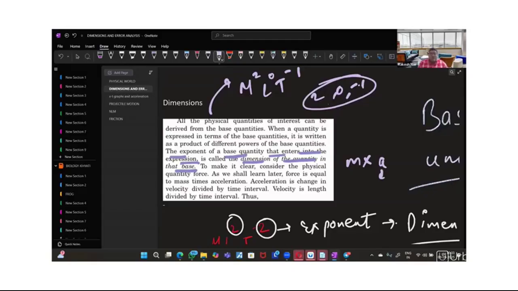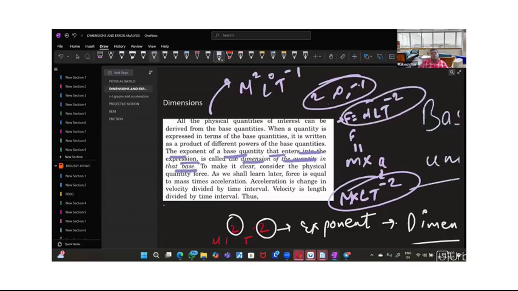The rate of change of velocity is known as acceleration. So this acceleration is LT^-2, times M. So those are the dimensions of force. Force is M L T^-2.